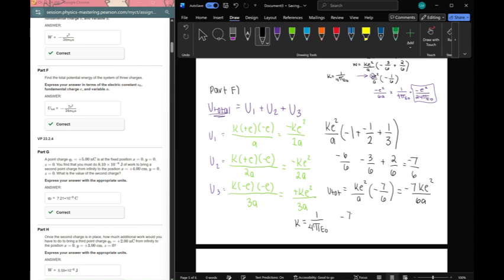I'm gonna take out negative 7 E squared, taking the K out so it's easier, multiplying that by 1 over 4 pi epsilon not. That's gonna give us negative 7 E squared over 6 times 4 is 24 pi epsilon not. Okay, so that is the total potential energy of the system of the charges.